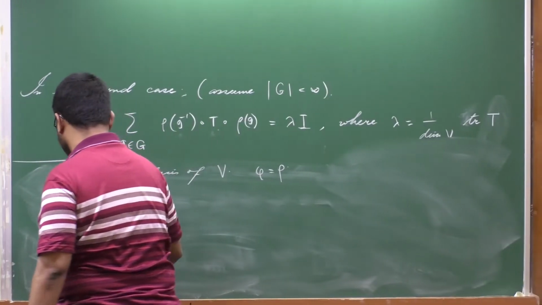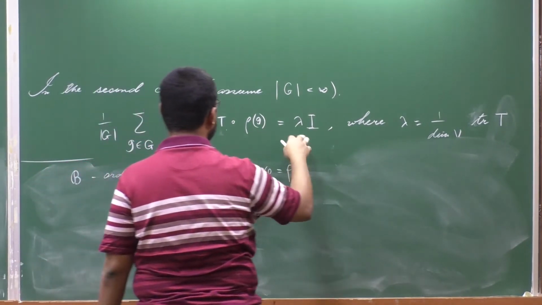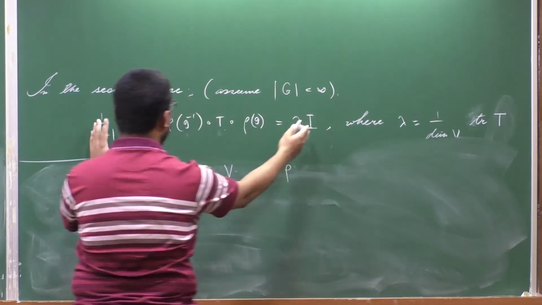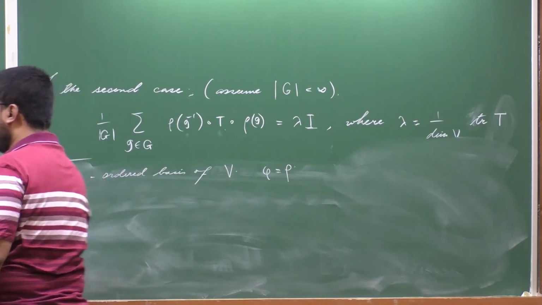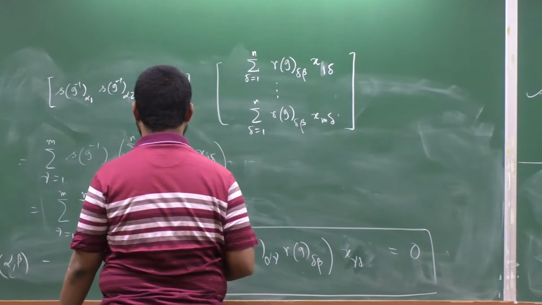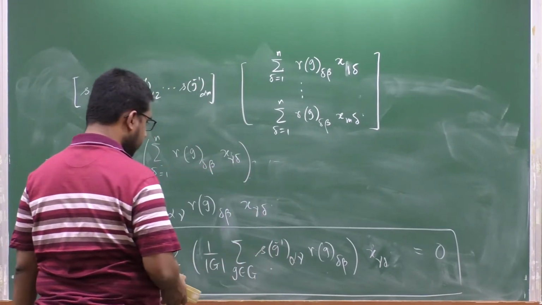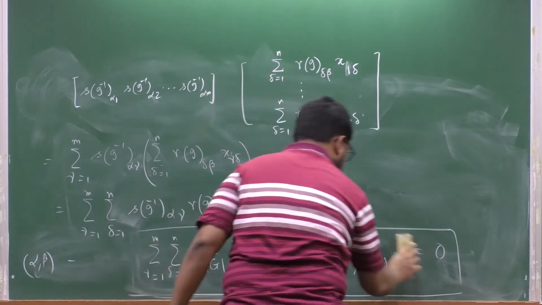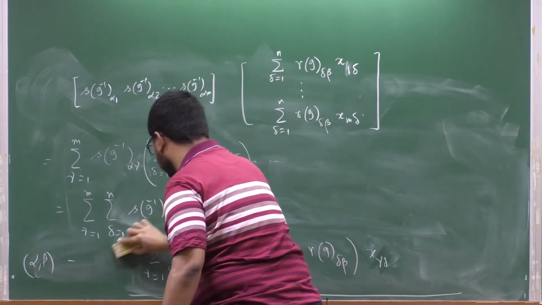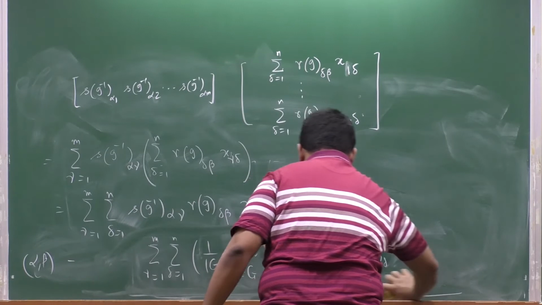Now as earlier, for any linear map T, this is all we are going to see. So in case of isomorphic representations this is what we are going to have.